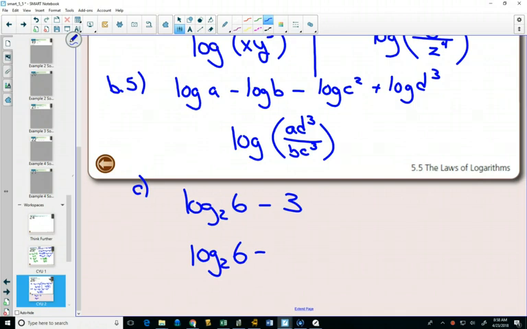So if there was a way that I could change this 3 to log base 2 of something, then I'll be able to continue from there and work with my log laws. But this is the hard step. What do I put in that space? 3 is equal to log base 2 of what?